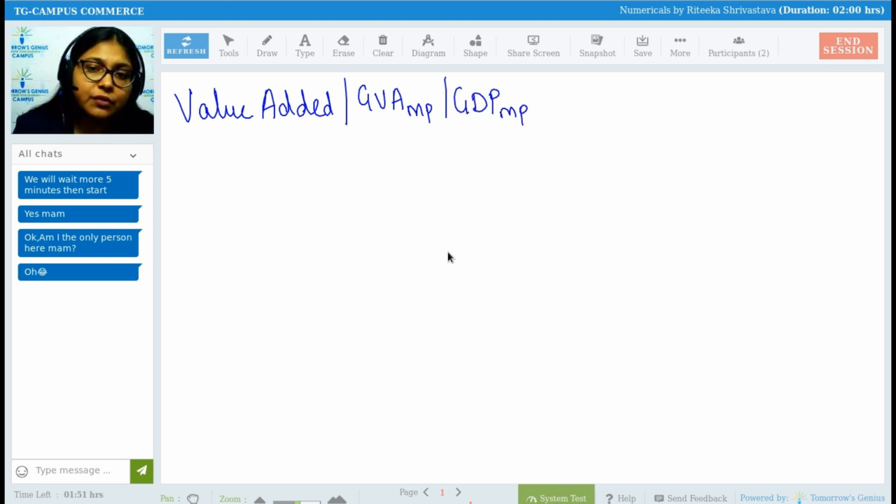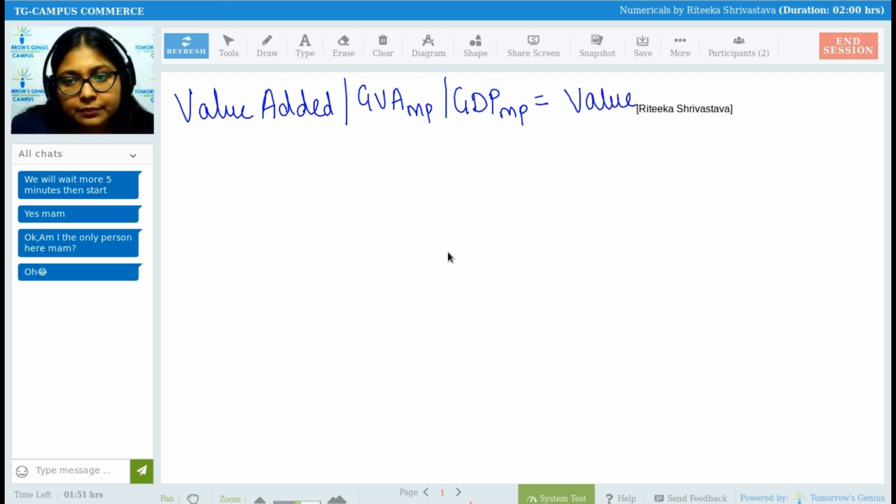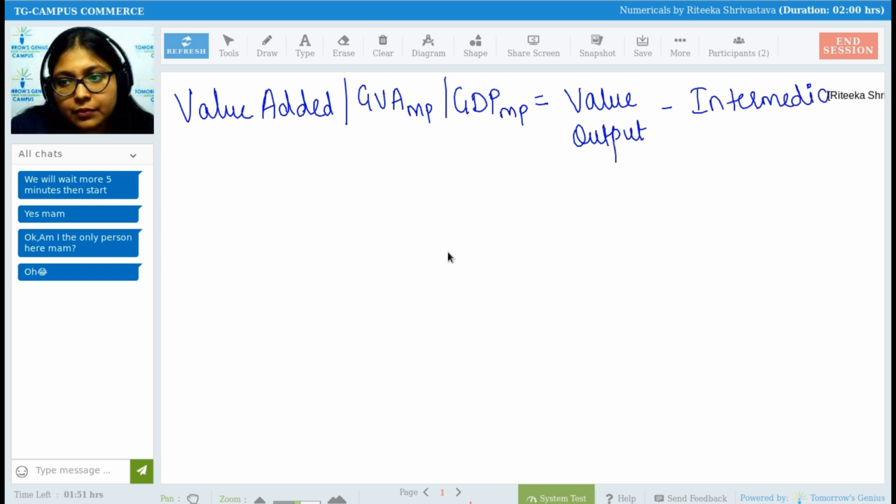So you can call it GVAMP, you can also call it GDPMP. The formula for this is value of output minus intermediate consumption.